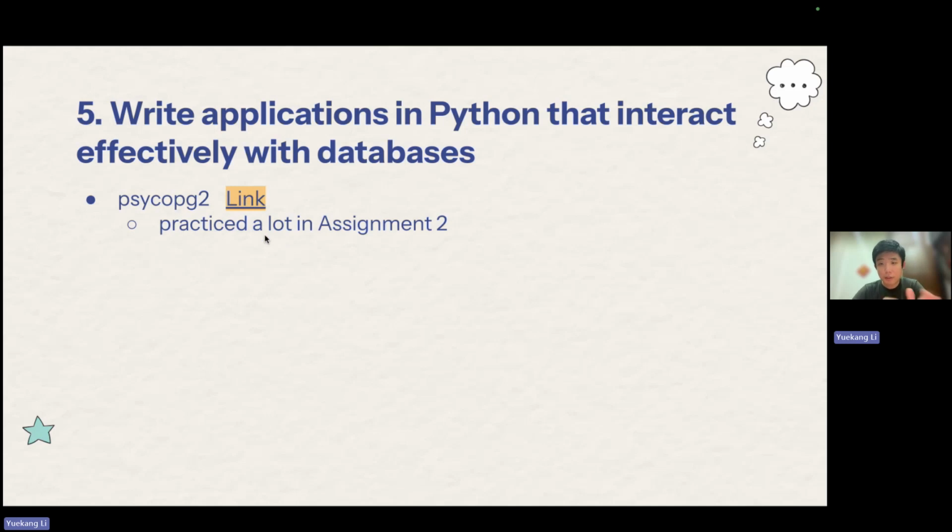I believe you are still doing assignment 2, and you will be practicing a lot with Psycopg2 in your assignment 2. And another keyword here is effectively. You should try to make the entire program efficient. The queries or the program should be optimized and shouldn't use too much execution time.